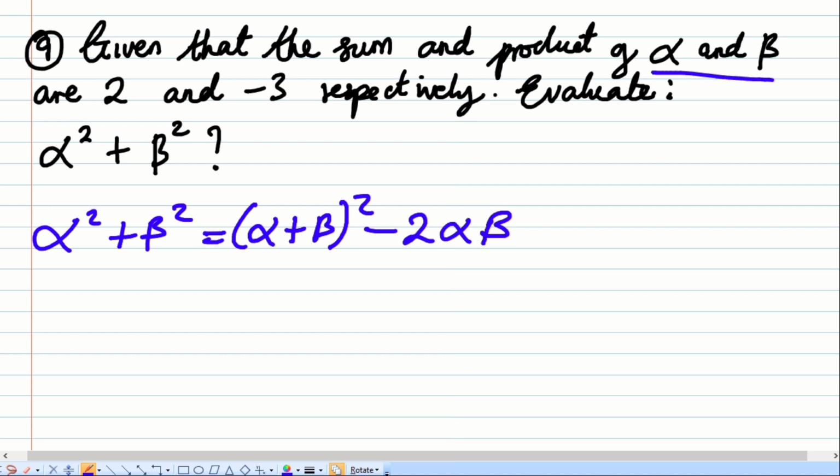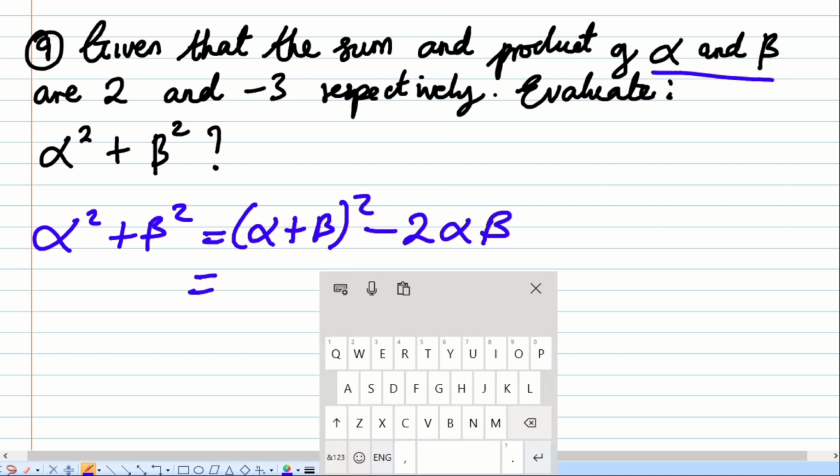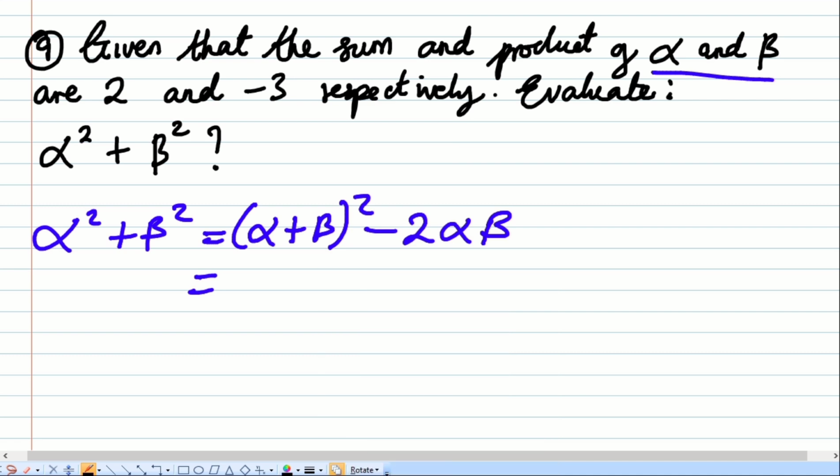So simplifying, this will be equal to, we open a bracket. Now you see in this bracket we have alpha plus beta, that is the sum, and then here we have the product, because that's alpha times beta. So we're going to replace alpha plus beta with the sum.